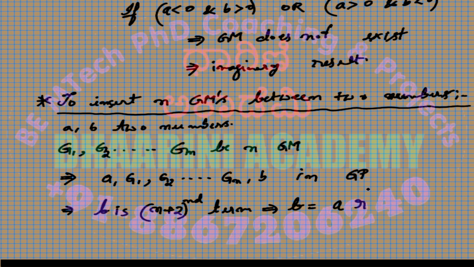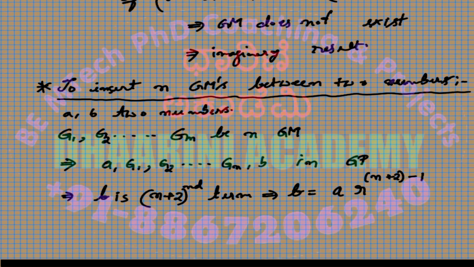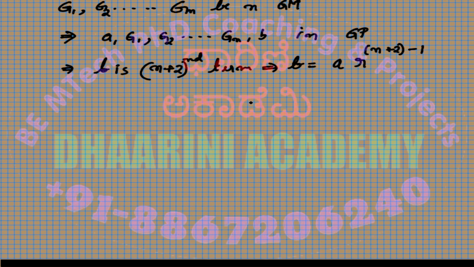Now there are totally n plus 2 terms, so this is n plus 2 minus 1. So using this particular equation, I can try to find out what is the value of r. So I'll rewrite this. B is equal to a into r to the power n plus 1.